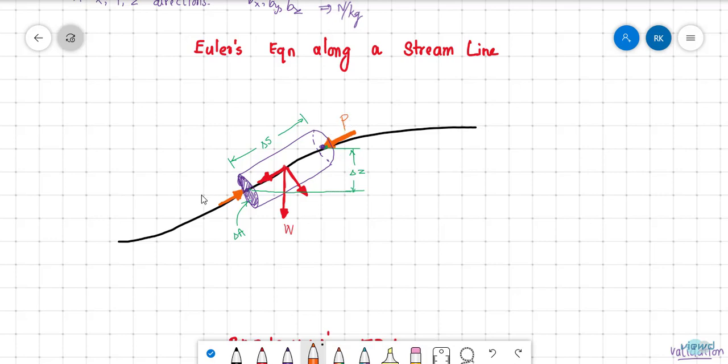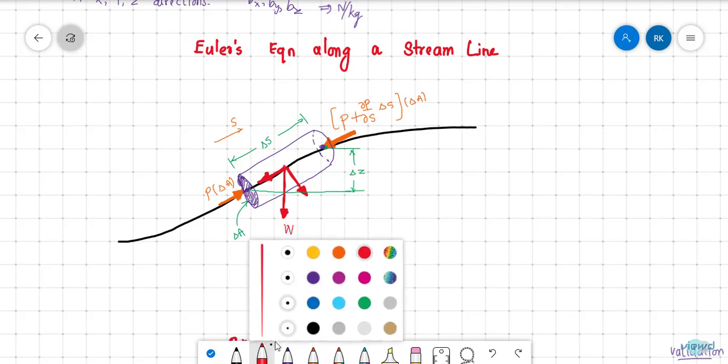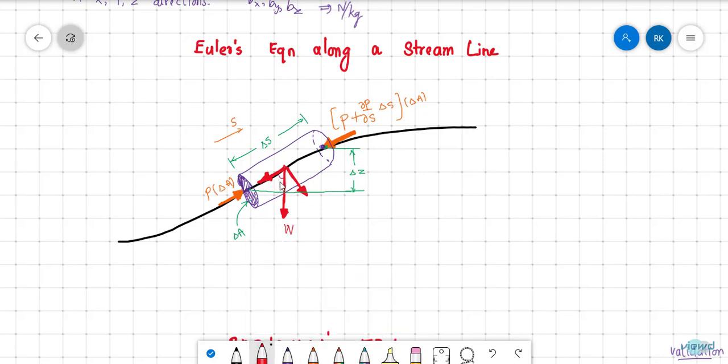If here there is pressure force P, here there will be pressure P plus dou P by dou S into delta S. So the pressure is changing with respect to S, multiplied with the length delta S. That is the pressure acting on it. So what will be the pressure force? The pressure force will be pressure into delta A, here also into delta A. So these are the forces acting. If we resolve this, the weight is W, and let me say this angle is alpha.